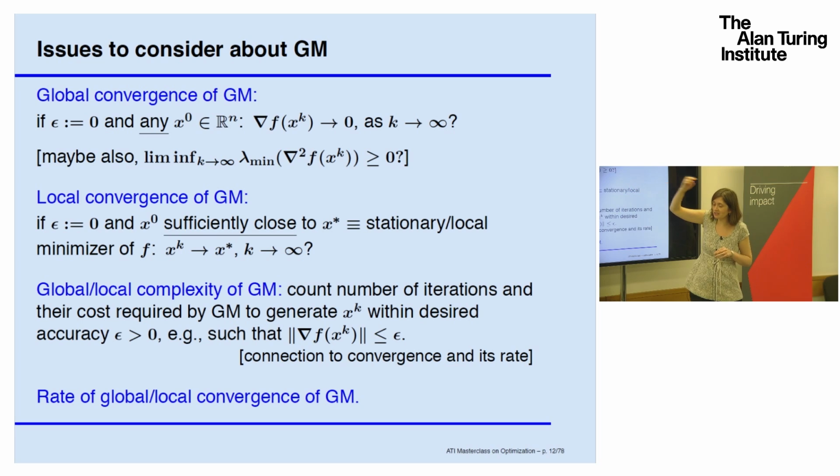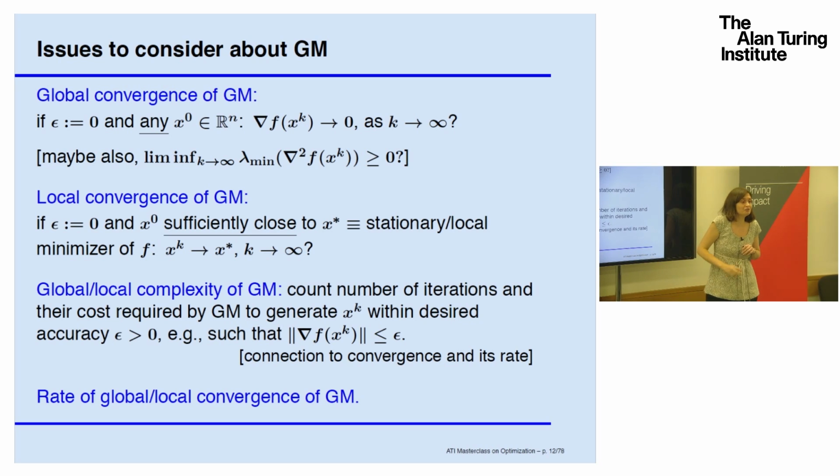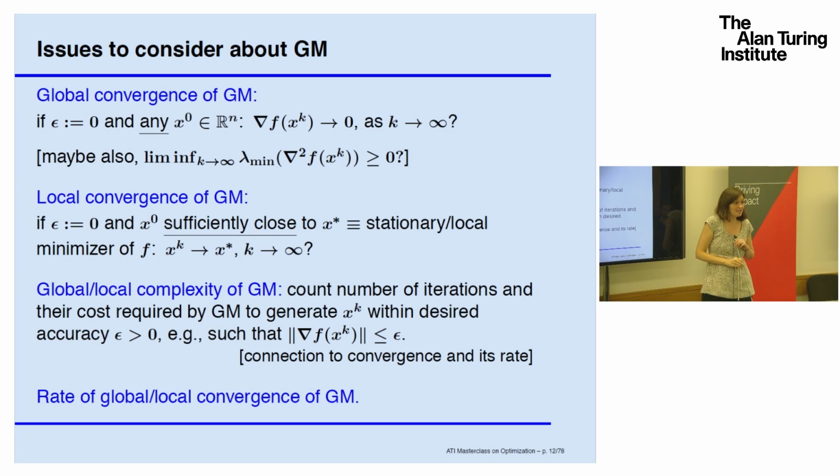And most importantly, if somebody tells you, yeah, I know my method converges, if you let it run forever, this is what we mean by convergence, it will eventually get there. What you really want to know is, if I sit in front of my computer and I give the solver an accuracy epsilon, how long do I have to wait until my problem is solved? Okay?